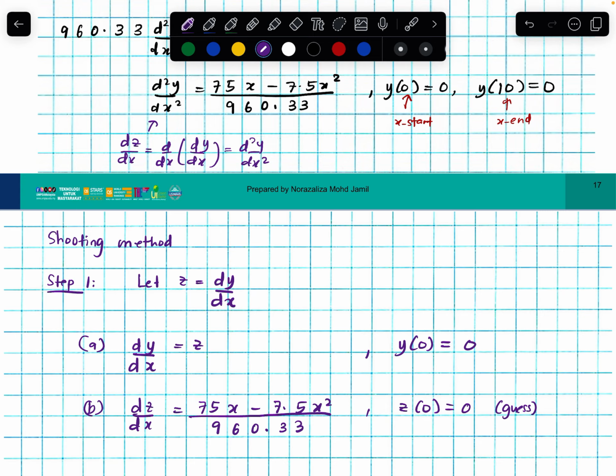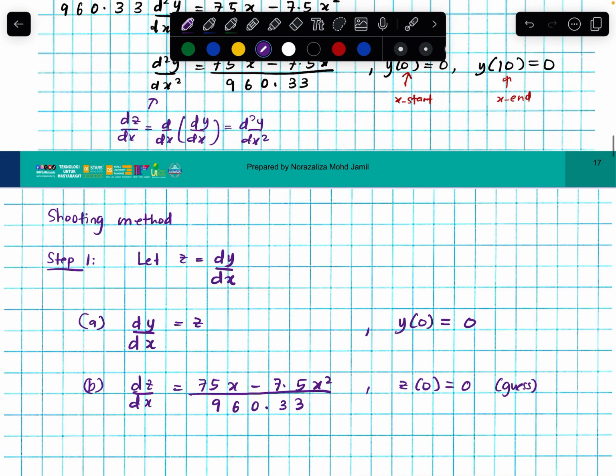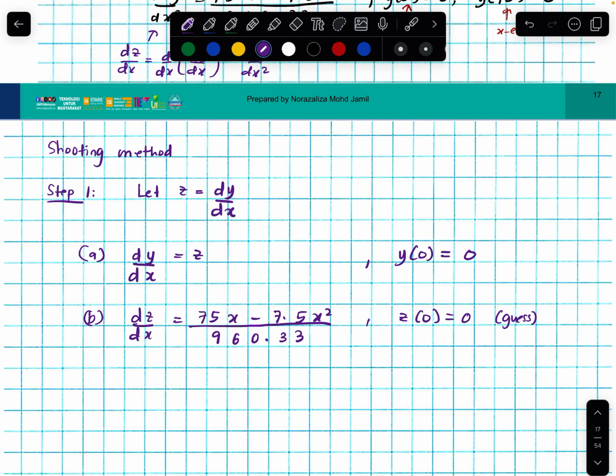After we do two guesses, we will employ extrapolation to get the exact value of the first value of z. So this is the first step, where you produce two equations with their own initial conditions. The first one is taken from the information, and the second one you have to guess.